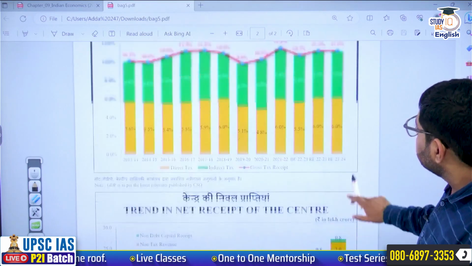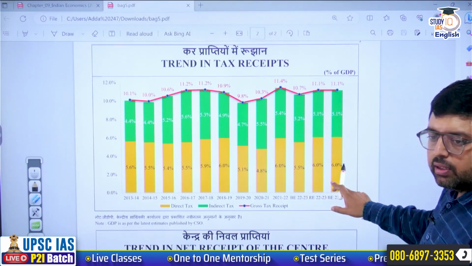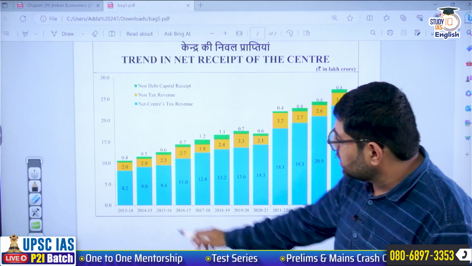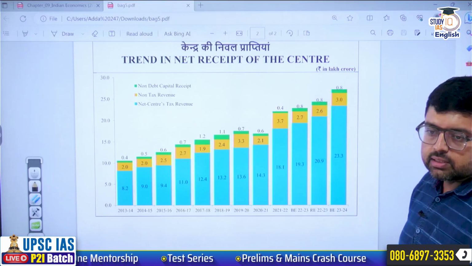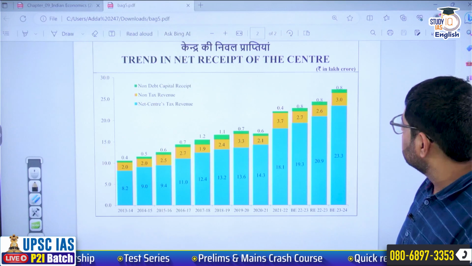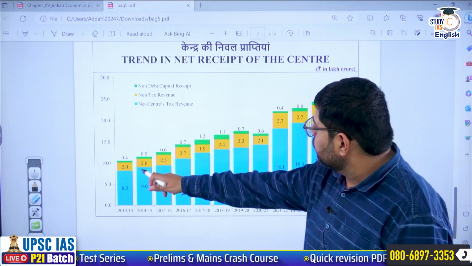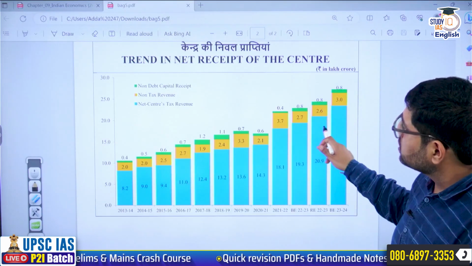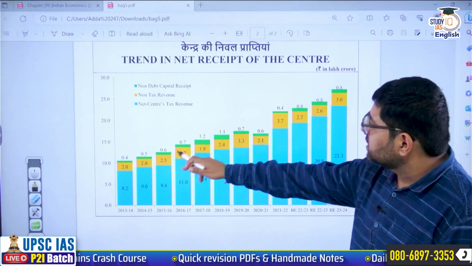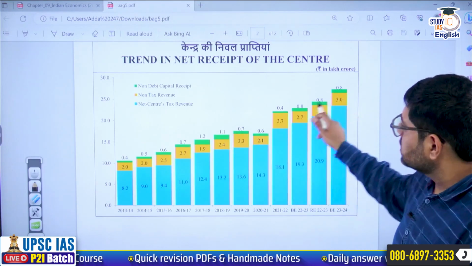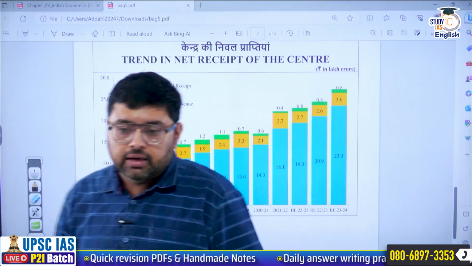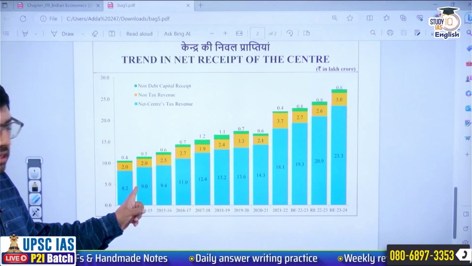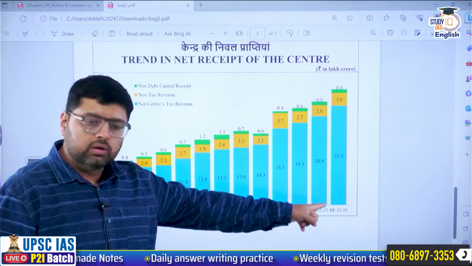In terms of percentage it is more or less the same, but in terms of numbers it has increased. Non-tax revenue and non-debt capital receipts are in some range. But one thing is sure, that our tax revenue has increased from 2013 to 23-24.